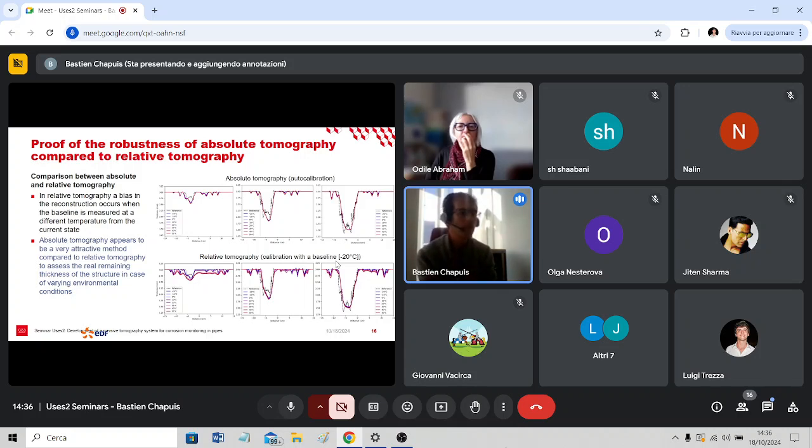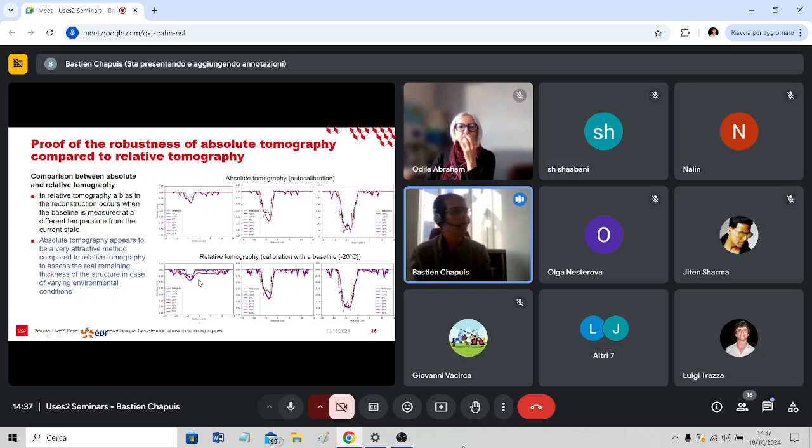In practice, even on a new structure, for example a pipe that has just been manufactured, there are already some variations of thickness of the order of magnitude of 10–15% of the thickness of the pipe. And we will see exactly in the next chapter, just after this slide, an example where we installed the system on a real pipe, and even without any corrosion, there are already some local thickness reductions.